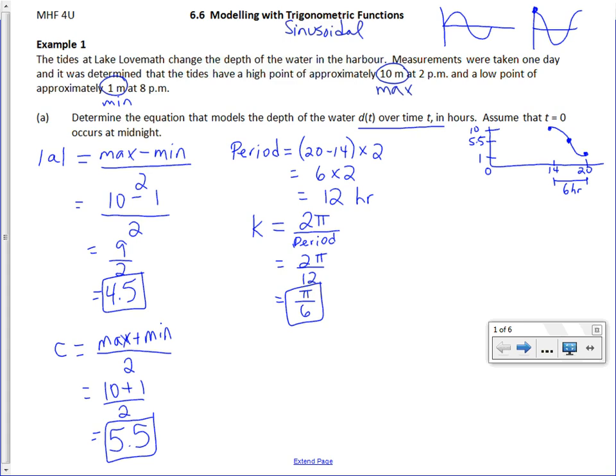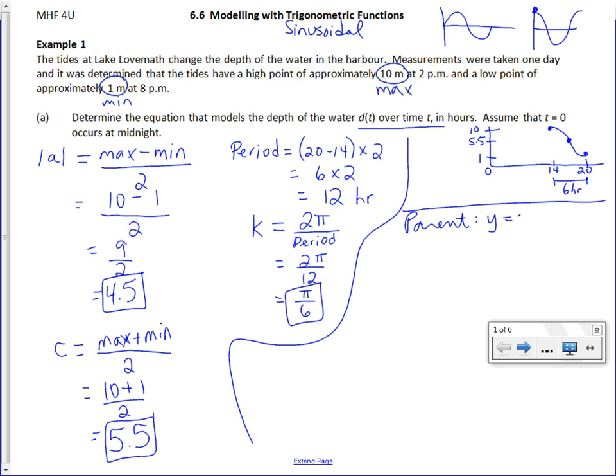So to finish this off, the parent choice: y equals cos x. Therefore, D will equal, where is the first location of a max? Or where is a known location of a max? 14. Right? 2 p.m. is 14 hours after midnight. So there's my 4 numbers.